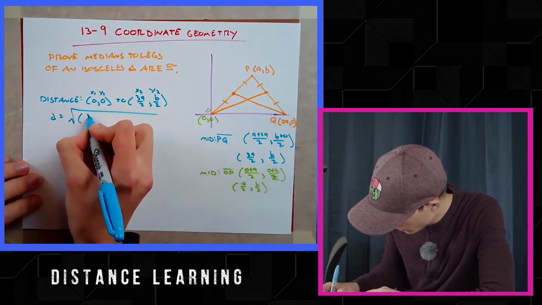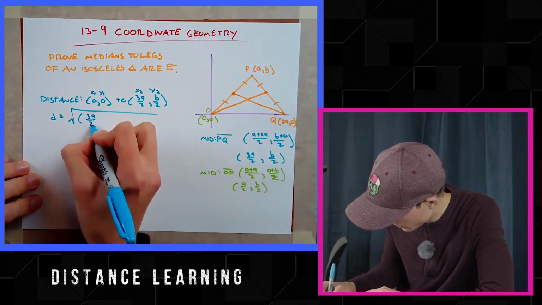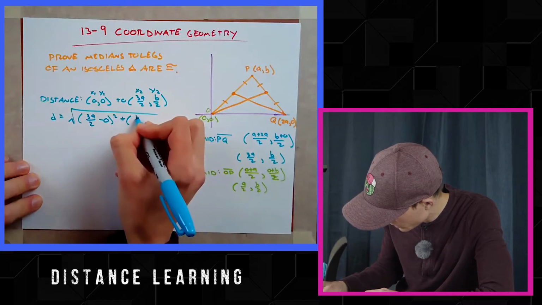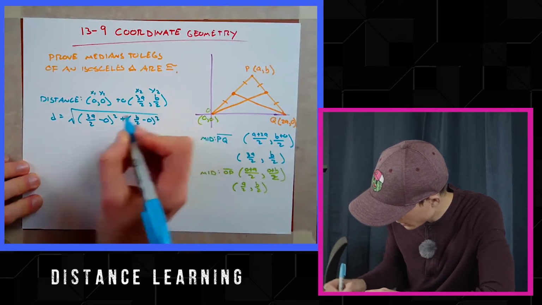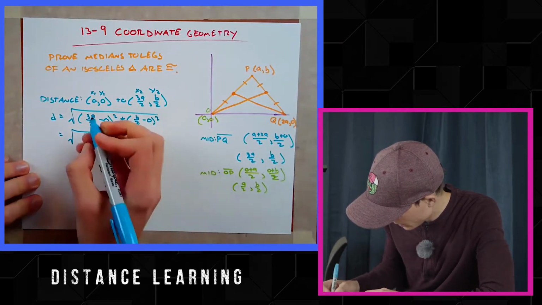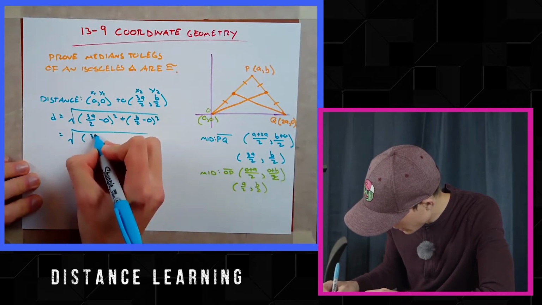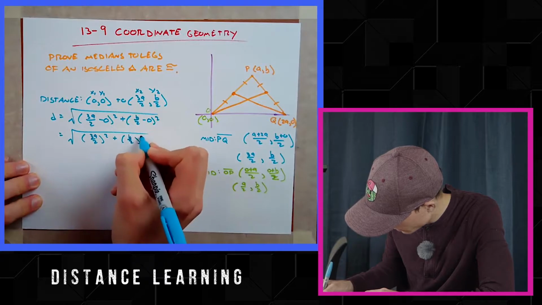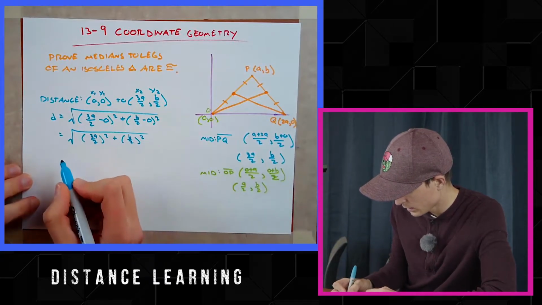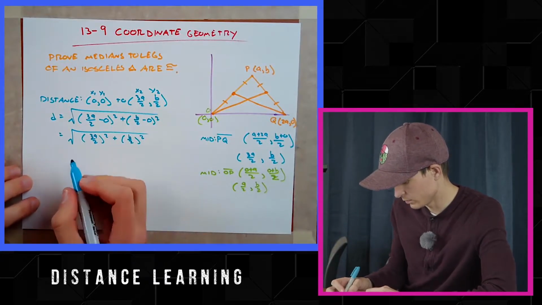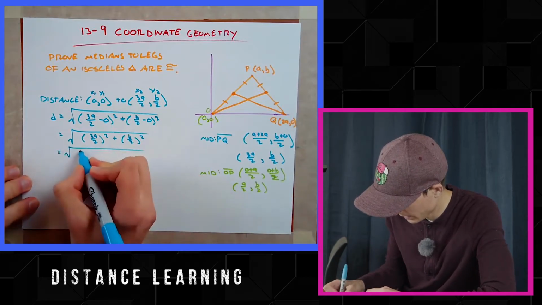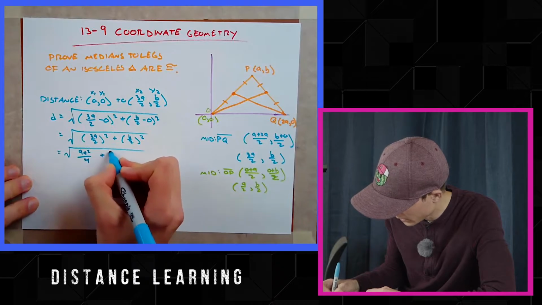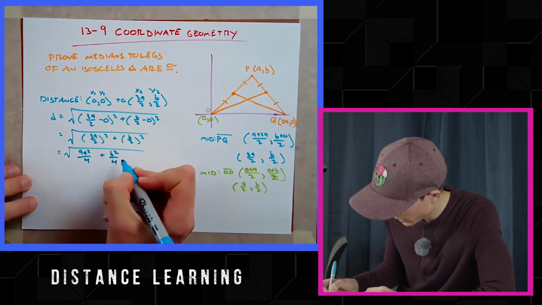So x2, thank Lord for zeros, minus x1 squared plus b over 2 minus 0 squared equals 3a over 2 squared plus b over 2 squared. Fine. 9a squared over 4 plus b squared over 4.